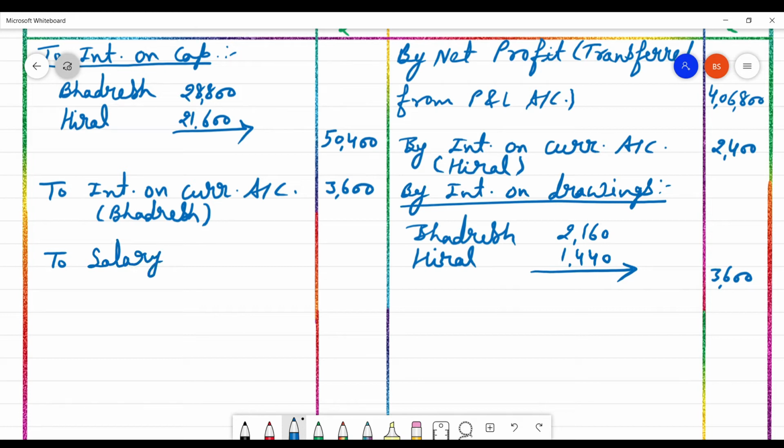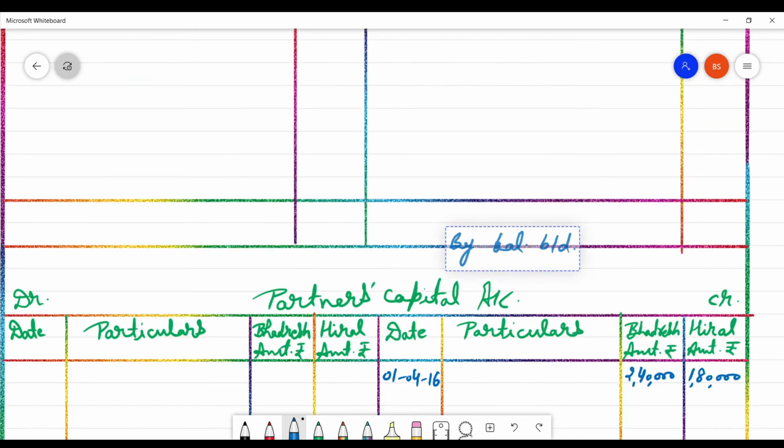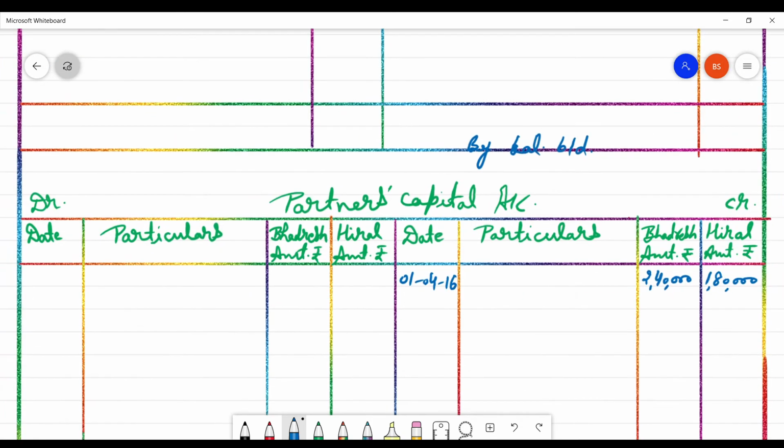It is for Bhadresh, and 2,400 is for 1 month. So for per annum it will be 28,800. And the second entry will be transferred to the current accounts credit side in the column of Bhadresh.